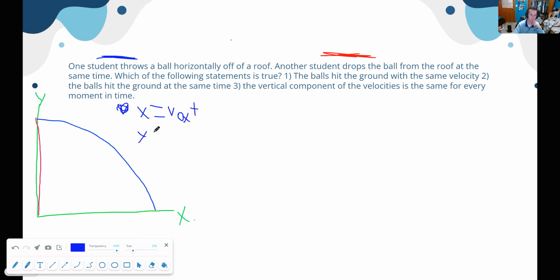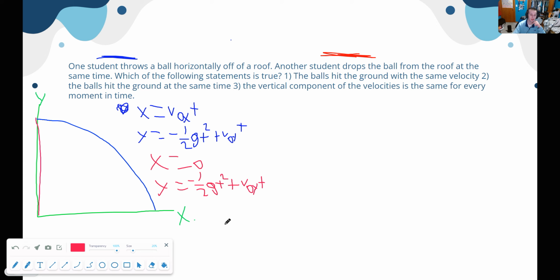And we know that the expression for y is going to be negative 1/2 g t squared plus v naught y t, okay? And then for our red ball, the x position is equal to 0, and our y position is also negative 1/2 g t squared plus v naught y t.